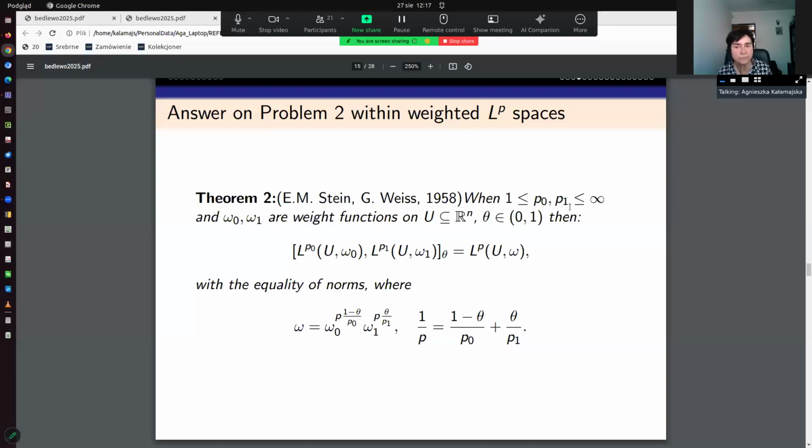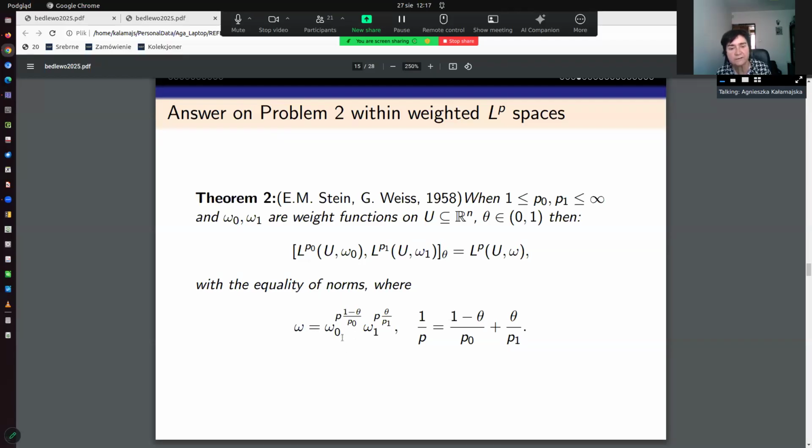When I take P0, P1 reasonable, so between 1 and infinity, and weight functions defined on the same domain U, and I take theta, then the complex interpolation space is precisely LP with respect to a certain omega, where 1 over P is (1 minus theta) over P0 plus theta over P1. So this is a convex combination of 1 over P0 and 1 over P1 related to theta.